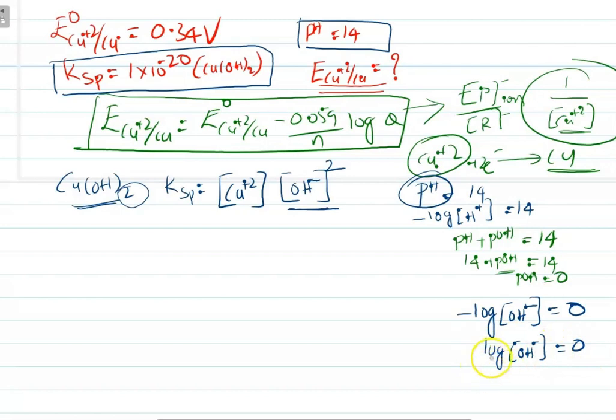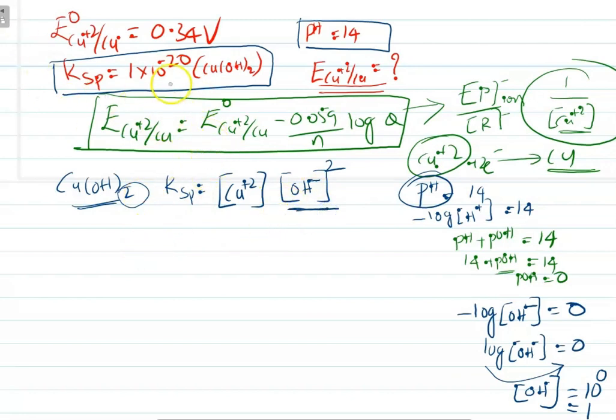Once you send the log to the other side, whatever number is there is raised to the power of 10, as we said in the previous question. So 10 power 0 is equal to how much? 1. So you got the concentration of OH- is equal to 1.